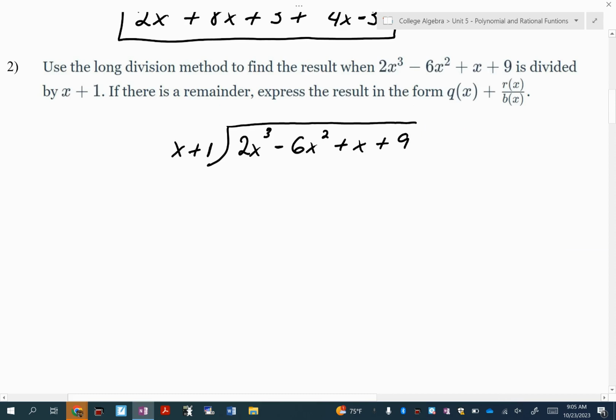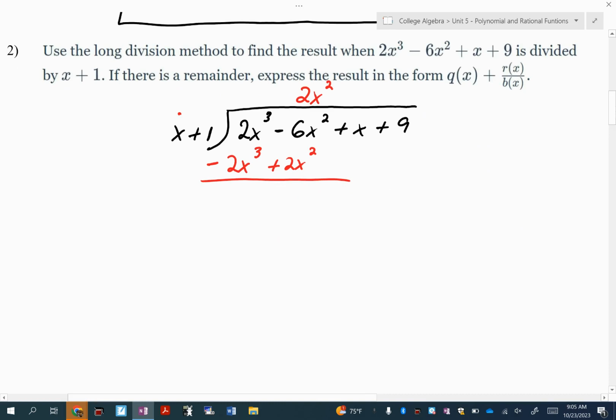So I'm going to do 1 times 2 gives me 2. x squared times this x gives me x cubed. All right, multiply the 2x squared times the 1. We're going to subtract. It'll be 0 in the first one, right? That's on purpose. Negative 6x squared minus 2x squared is negative 8x squared. Bring down the plus x and the plus 9.